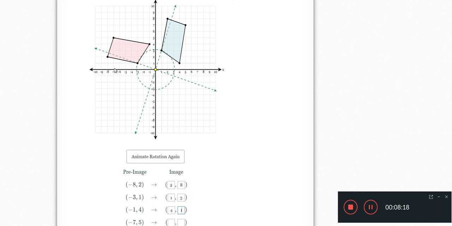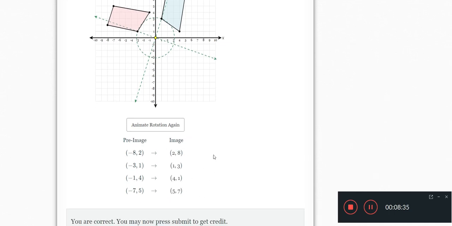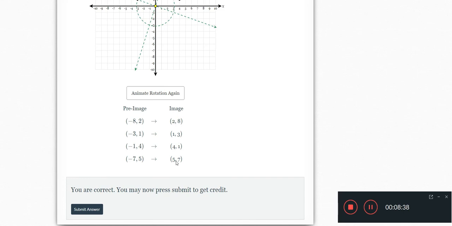And this last one is negative 7, 5, and this one wound up at 5, 7. So as you go through, ask yourself, what happened to the y values when we went to the new image? What happened to the x values? All right. So once you have it, see if you got it right. It tells me I'm correct, and you'll go on to the next one.